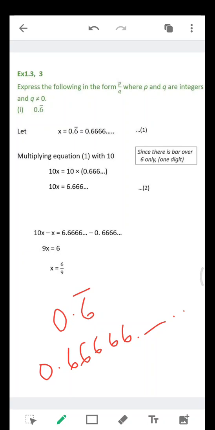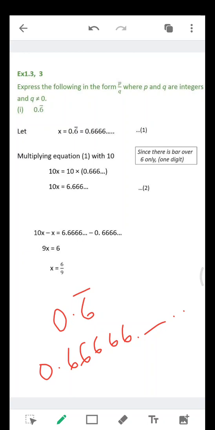So 0.6 bar we have to convert in the form of p by q. So we'll begin in this way. Let x is equal to 0.6 bar, and I'll write 0.666 and so on. However many times I want I can write, but I write 3 to 4 times.